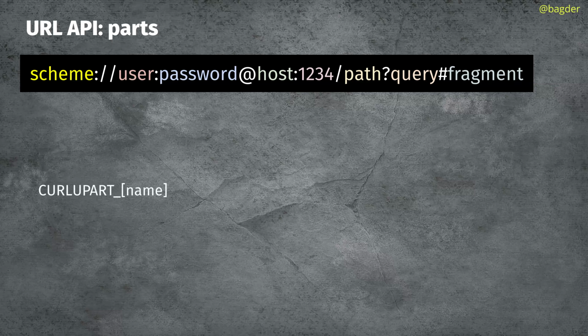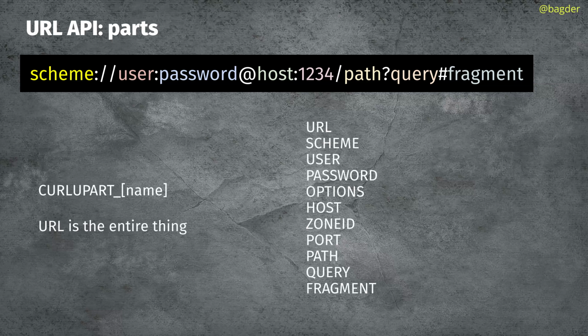So we deal with them like this: curl u part and then the name of the component. And these are the different URL parts: URL, scheme, user, password, options, host, zone ID, port, path, query, fragment. You can set and get all of them independently, including the full URL.